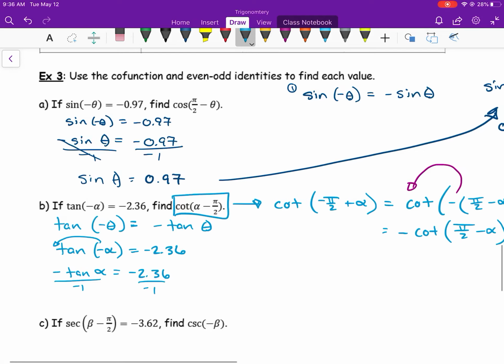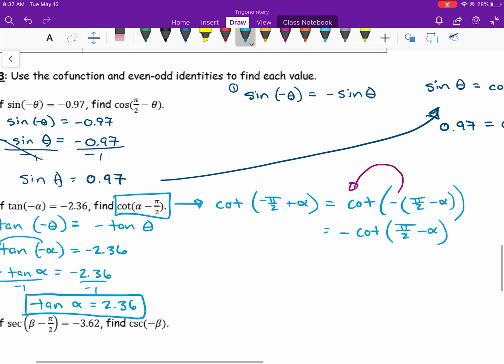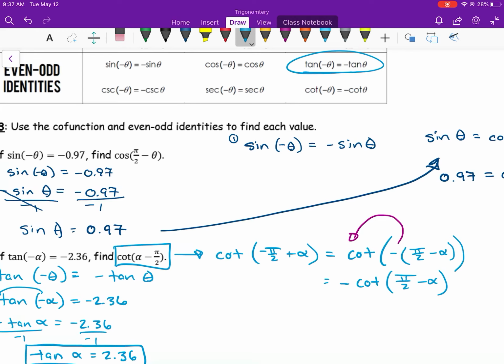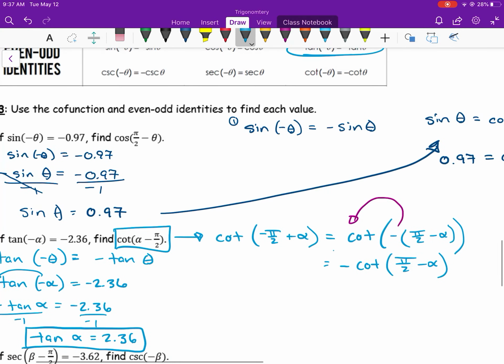Divide by negative 1. Tangent of alpha is equal to 2.36. Put a box around that. We'll use that again in a minute.